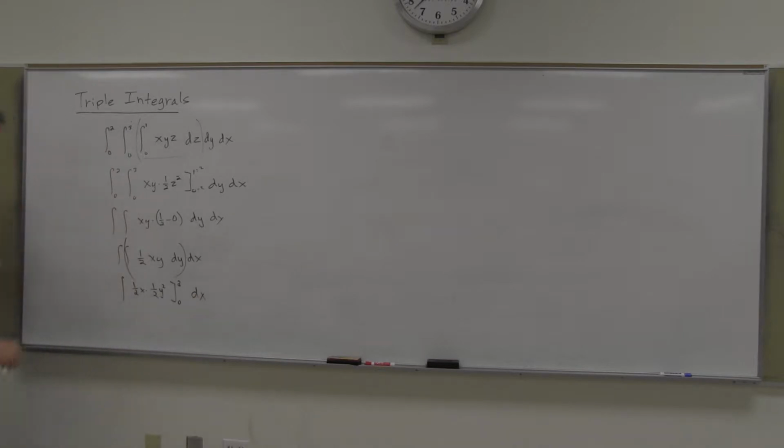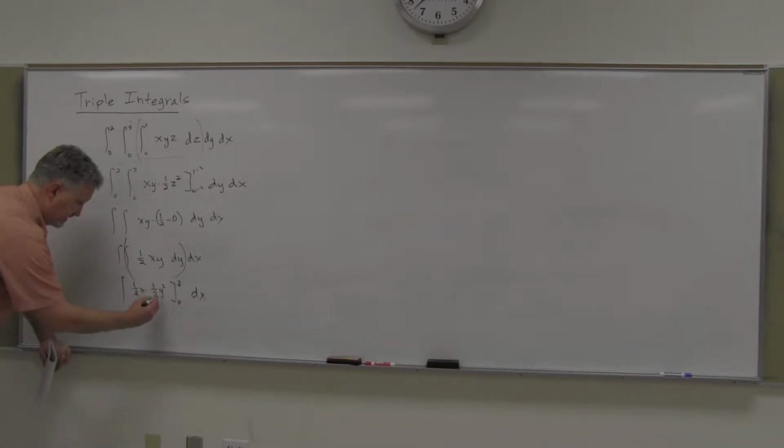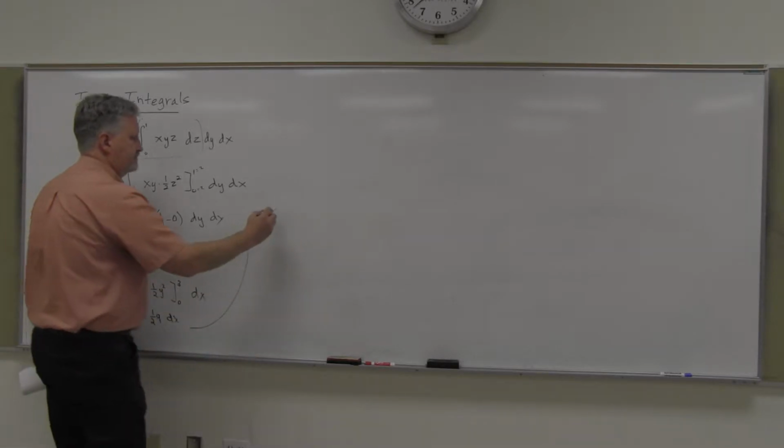We still have the x's to integrate with respect to. So what's that do? Well, now plug these in for y, so we'll have 1/2 x times 1/2 of 9. Half times 9. And then 0 gives me 0, so what is it, the integral of 9/4 x?